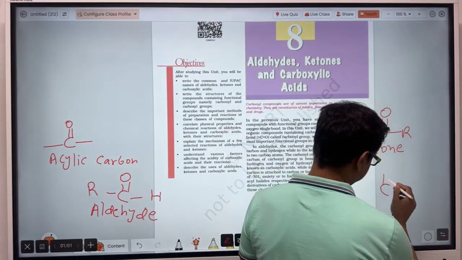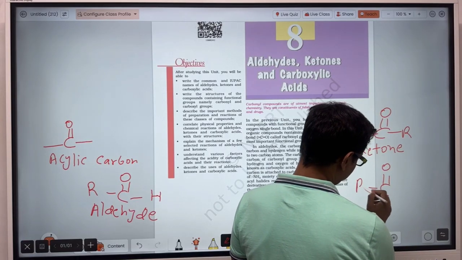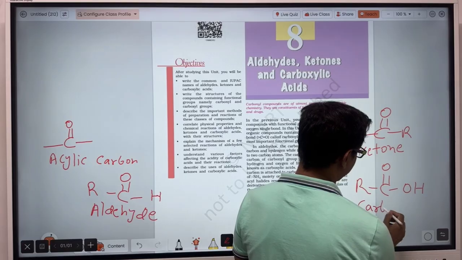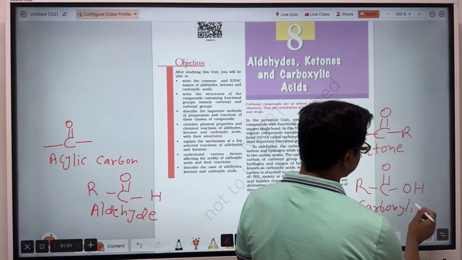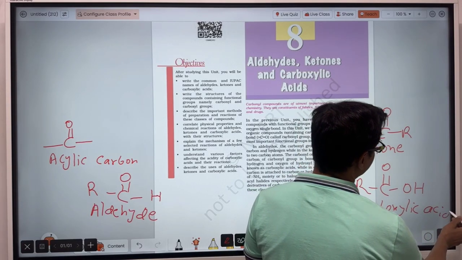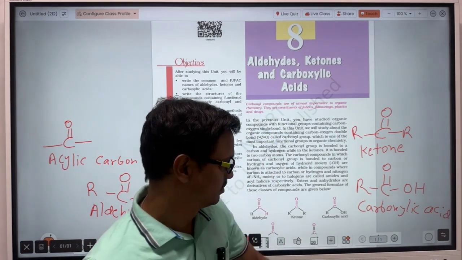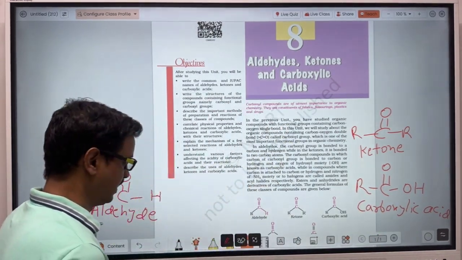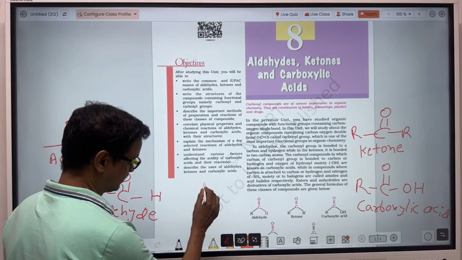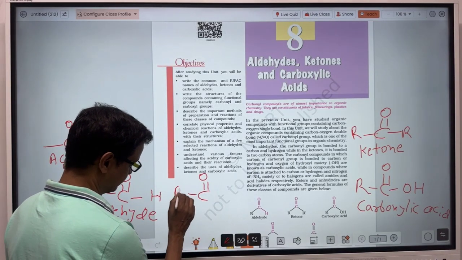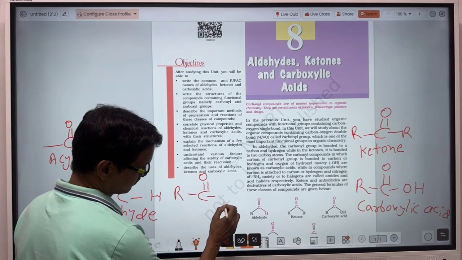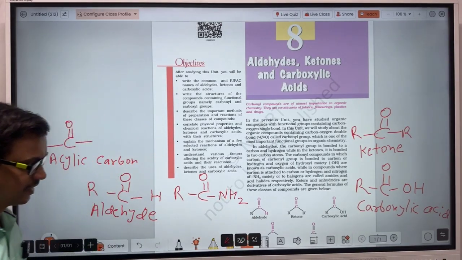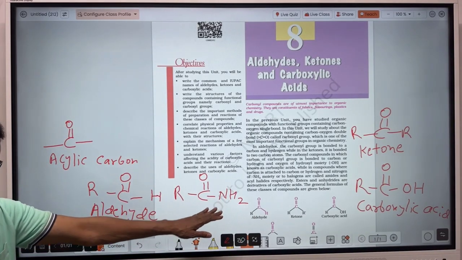If there is an alkyl group on one side and OH on the other side, then that will be called carboxylic acid. And if there is an alkyl group on one side and NH2 on the other side, then that will be called amide.